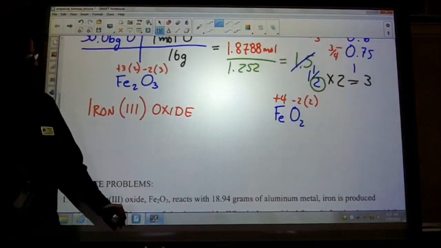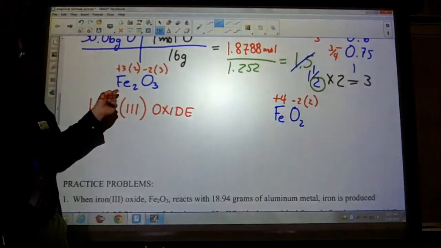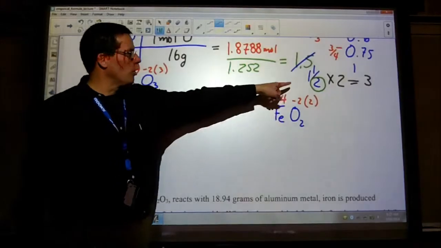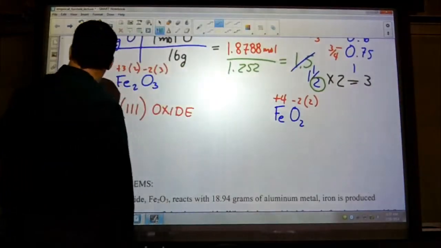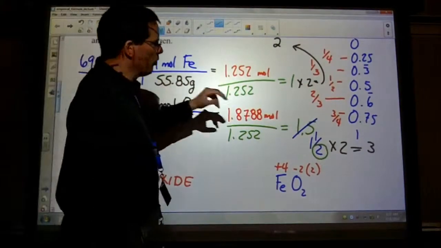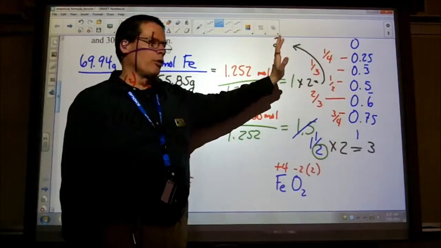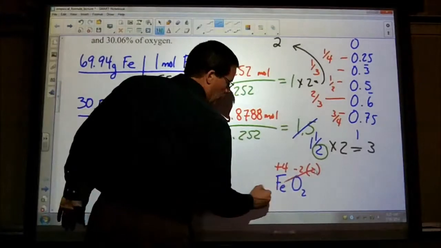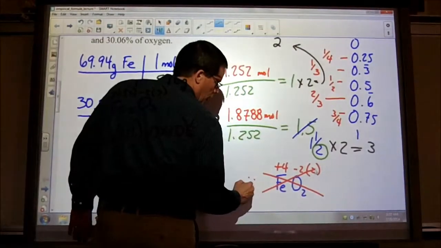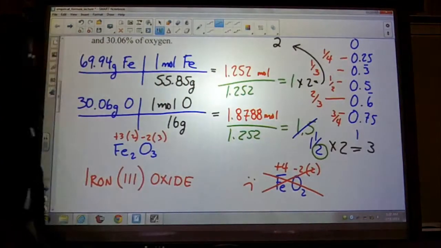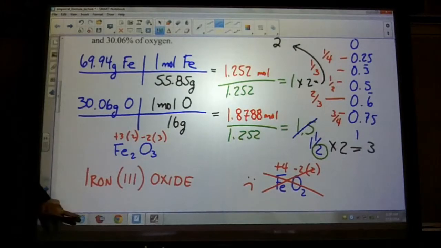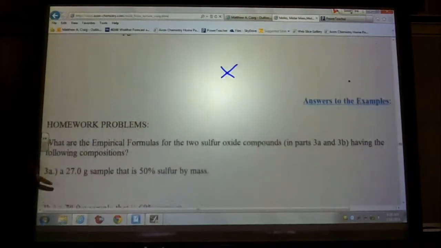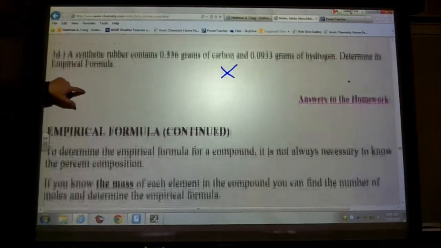So you can check to make sure that the formulas that you're writing are legitimate. That is not legitimate. So if you're finding yourself wanting to take that 1.5 and round it up to 2, that would be bad. This makes the chemistry gods very sad. Don't do that. Okay?